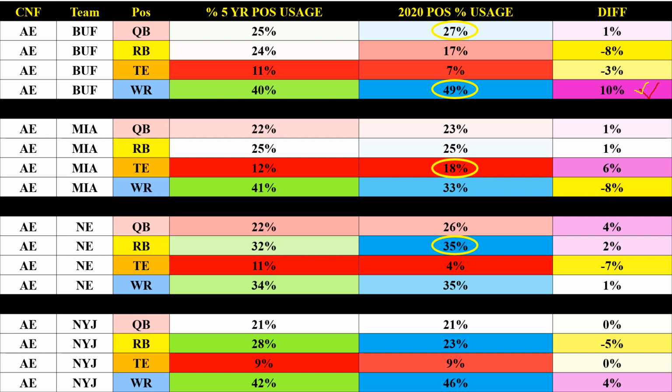Isn't that neat? So when you look at it this way, plus 6% over 5 years, they found their tight end. By the way, 18% is not the best in the league, but compared to the conference, and that's what we're looking at here, pretty good. So what does New England do?